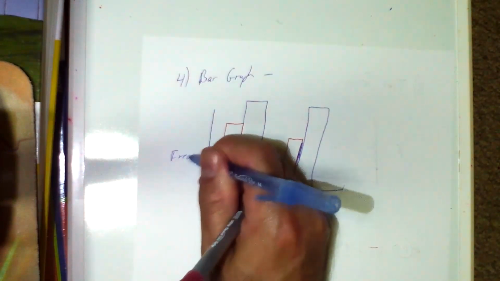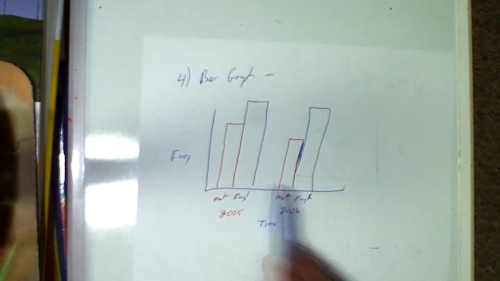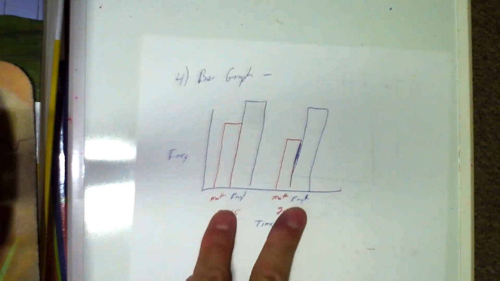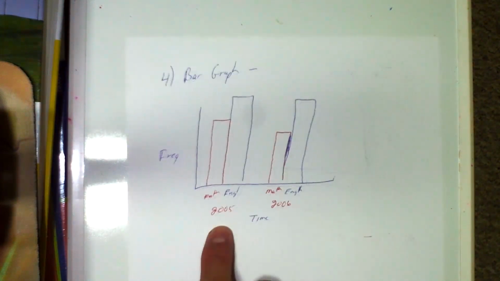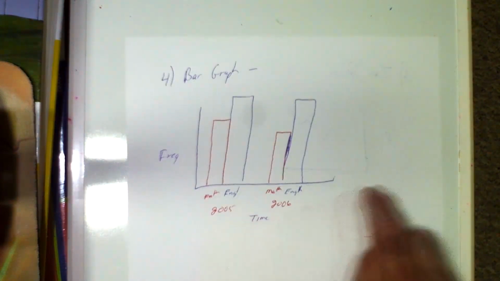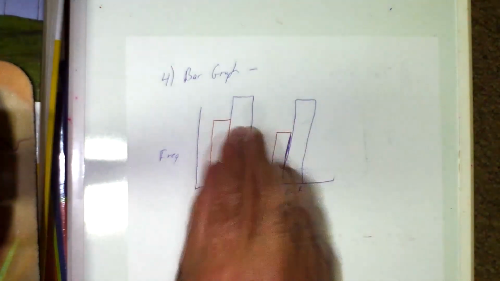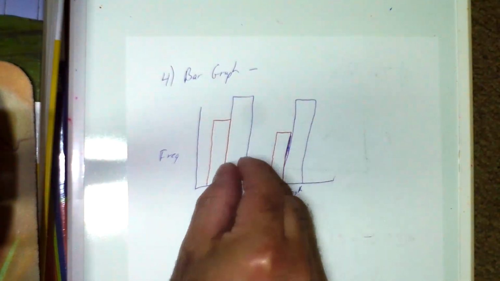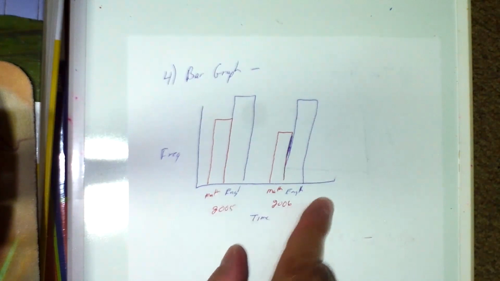And the reason why there's a gap in between is so that you can see a comparison. You're comparing the years. You're comparing 2005 with 2006 and so forth. And the bars will be together but separated by time.